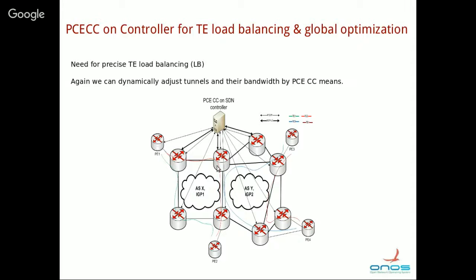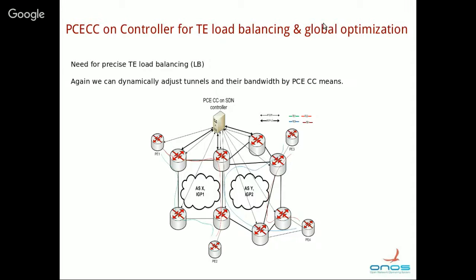We have two tunnels, one primary and a backup tunnel, and we have load sharing. Again, this sharing can be application aware, programmable, and it has good agility. It can be changed based on the timings. Maybe in the morning you can reduce, or at night you can reduce, or in the peak hours you can increase, changing the path where the bandwidth is more. We can alter it using PCECC.